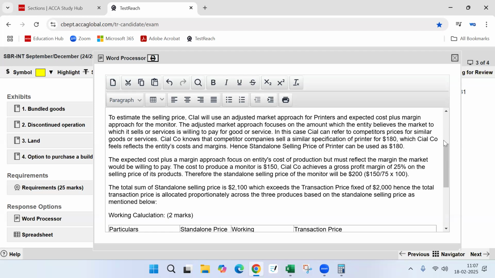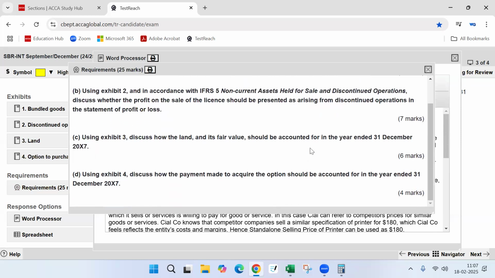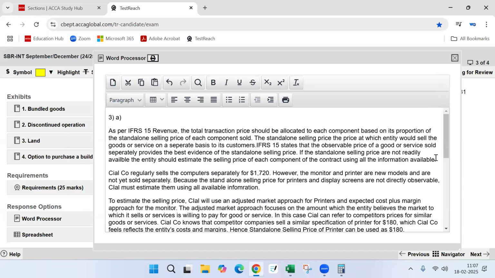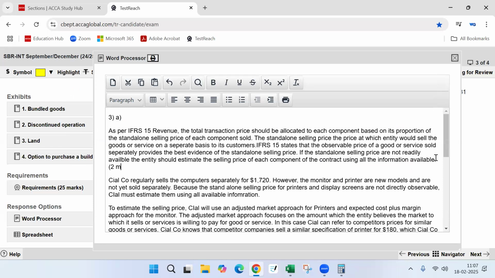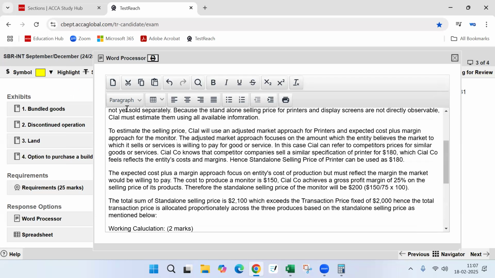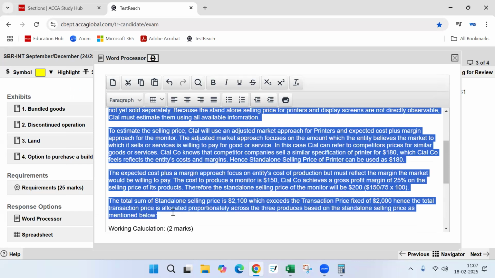Any questions? Right. So let me give you the marking schema. If you look at here, requirement, there is no professional marks which is mentioned. So to explain this principle of the standard IFRS revenue, for the principles that you are explaining, you will get 2 marks. Calculation is 2 marks. Then all of these you are explaining, you will get 4 marks.